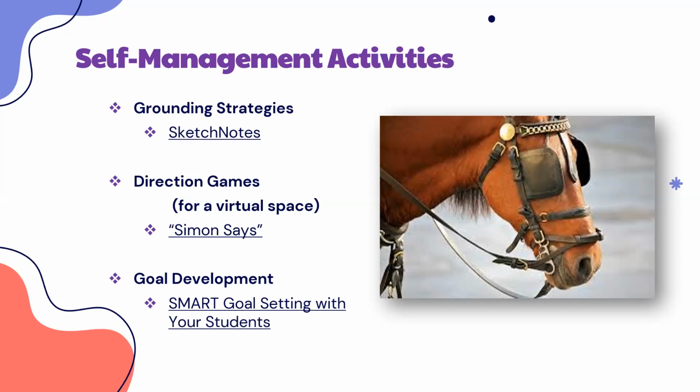So for students, especially younger students, that's good for them to be thinking about following directions and working your way through. And then the last one there, goal development is really important. This process obviously is going to look very different at the elementary level than it would look at the high school level, but I think using a SMART goal setting could be really helpful.